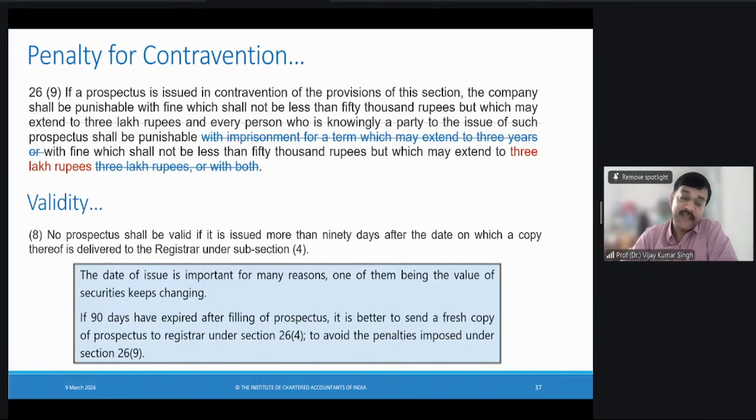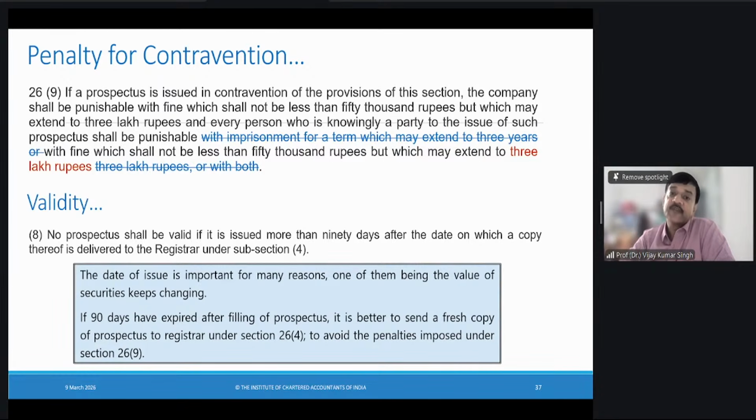Now there is also a penalty of contravention. So if someone does not listen and they do something wrong here, then there is a requirement of a penalty as well. So if a prospectus is issued in contravention of the provisions of this section, the company shall be punishable with fine, which shall not be less than 50,000 rupees, but which may extend to 3 lakh rupees.